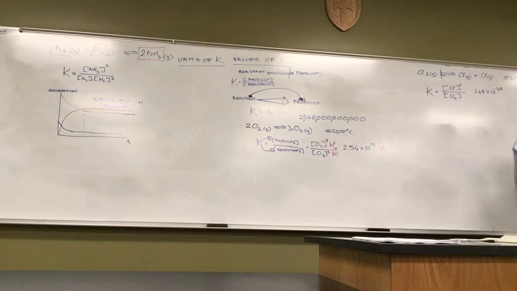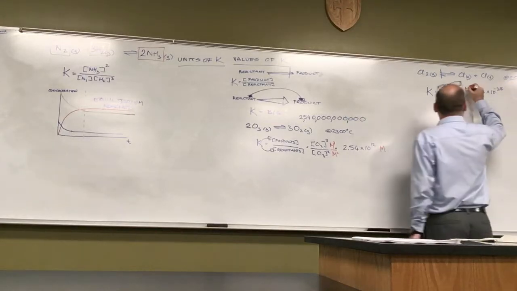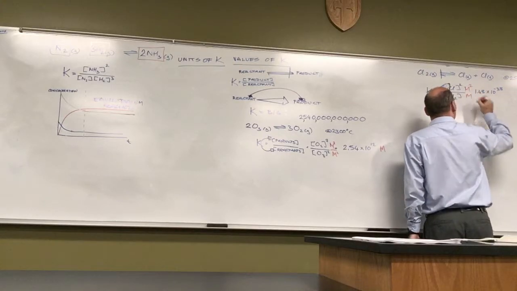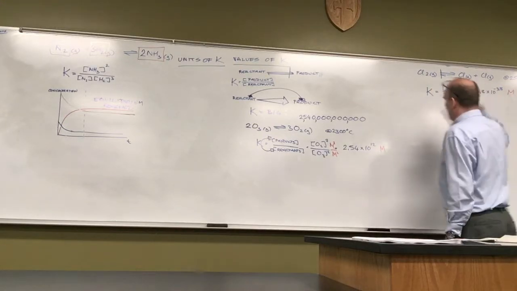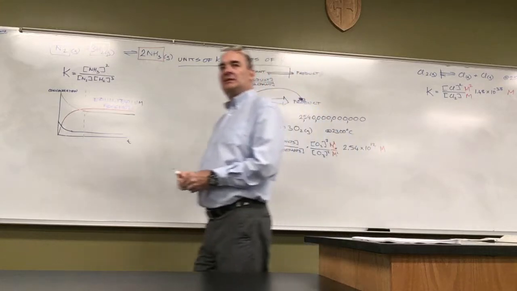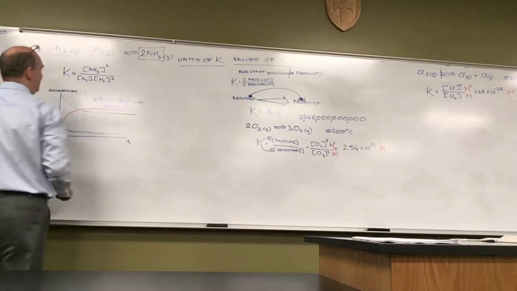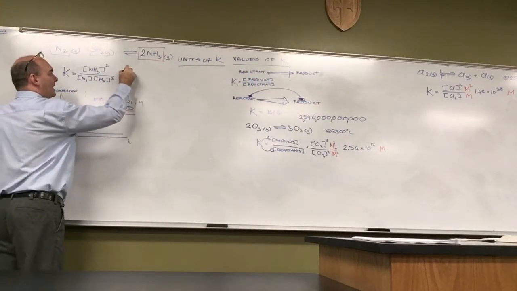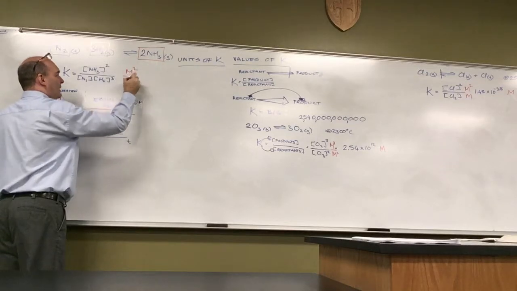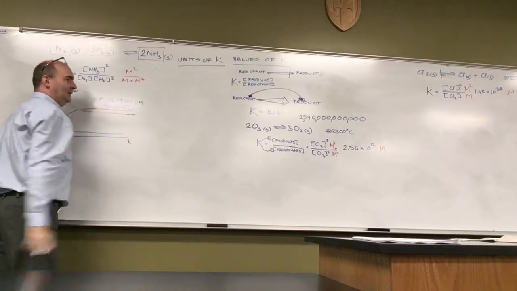I wouldn't write any of this down just yet. This might be a trap. Meaning, this is a trap. Don't write this down yet. That one has molarity squared divided by molarity. And this one has molarity squared on the top divided by molarity times molarity cubed.